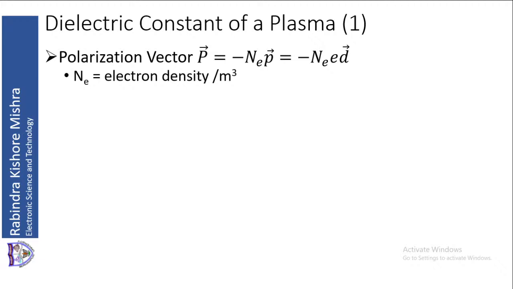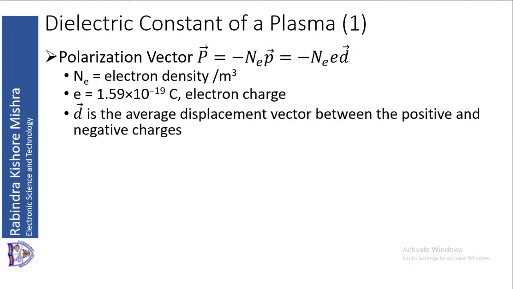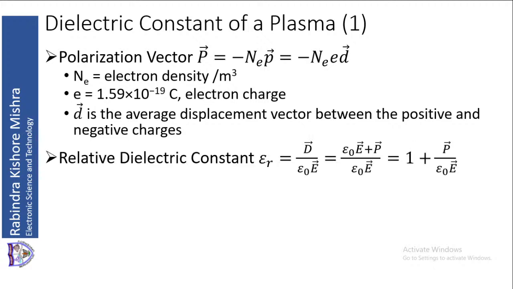Now Ne is the electron density per meter cube. e is the charge of the electron, which is 1.59 into 10 to the power minus 19 coulombs. d is the average displacement vector between positive and negative charges. Then we define the relative dielectric constant.